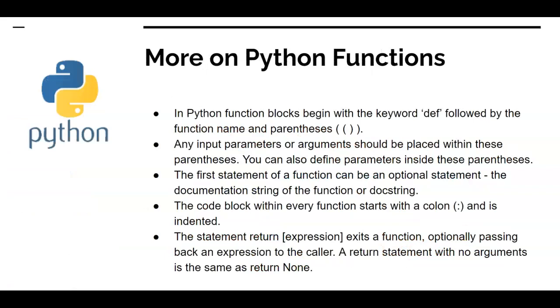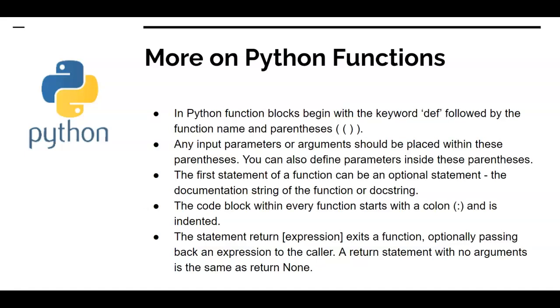More on Python functions. In Python, function blocks begin with the keyword def followed by the function name and parentheses. Any input parameters or arguments should be placed within these parentheses. You can also define parameters inside of these parentheses.